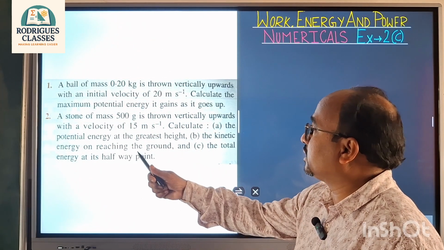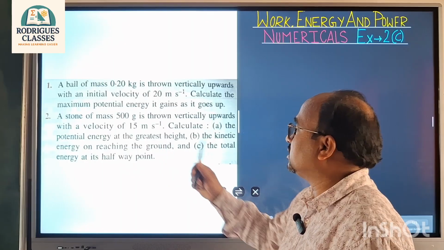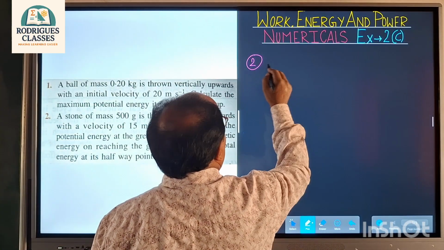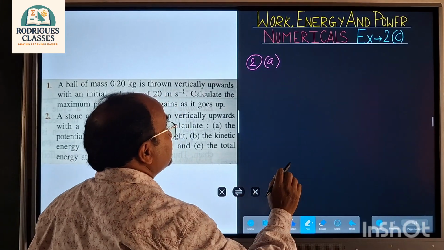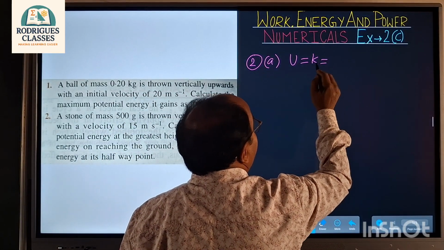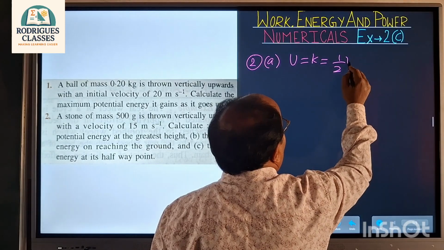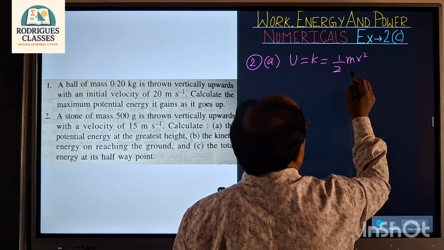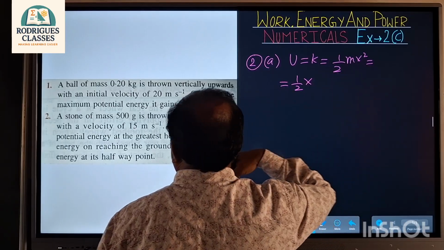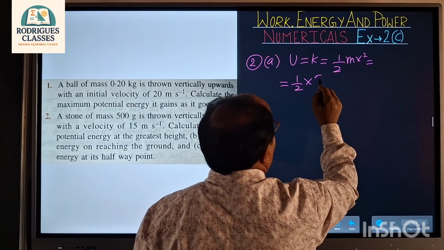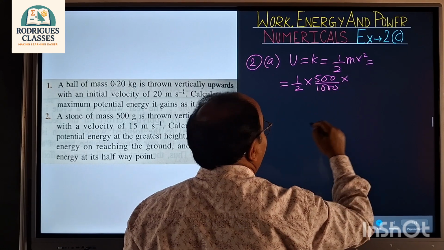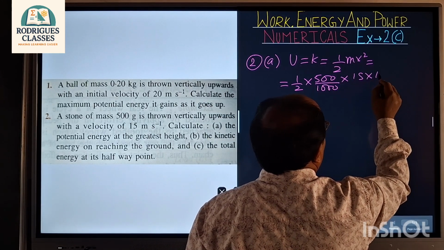So first of all, it is told the potential energy at the greatest height. So at the greatest height, the potential energy will be equal to kinetic energy, and the kinetic energy formula I write half mv square. Half, mass is given to us as 500 gram, so 500 by 1000, and the velocity is 15.